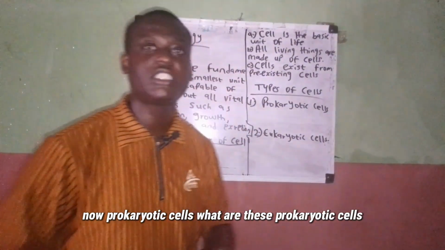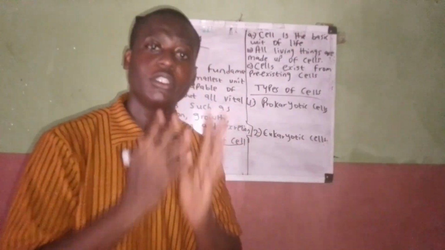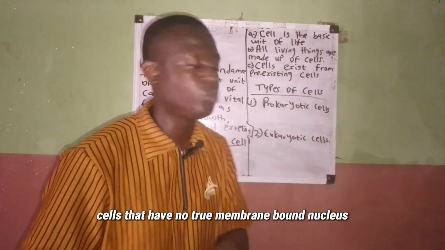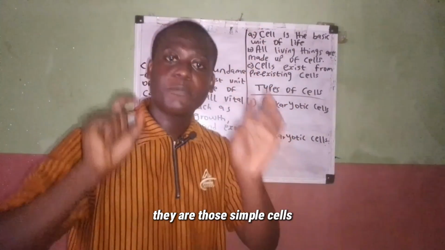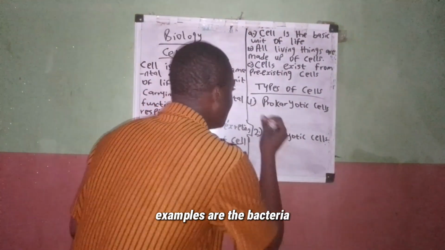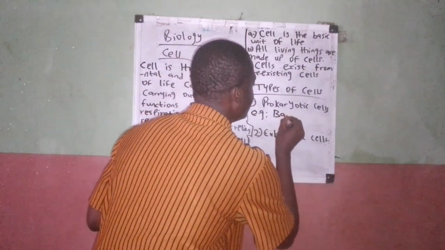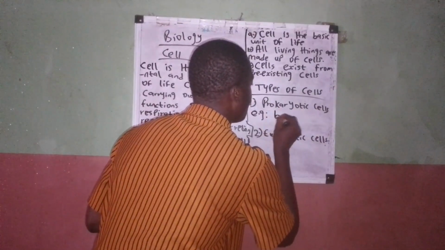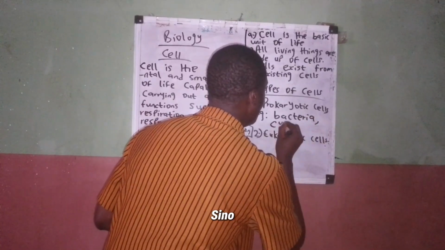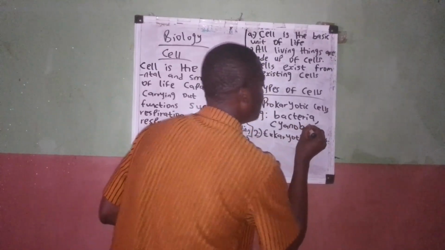Now, prokaryotic cells, what are these prokaryotic cells? Prokaryotic cells are simple cells that have no true membrane-bound nucleus. Examples are bacteria and cyanobacteria.